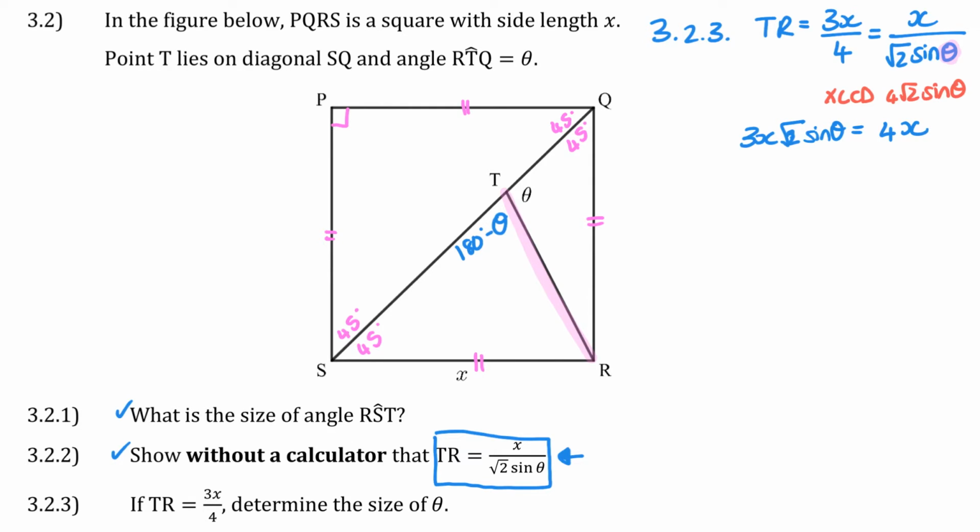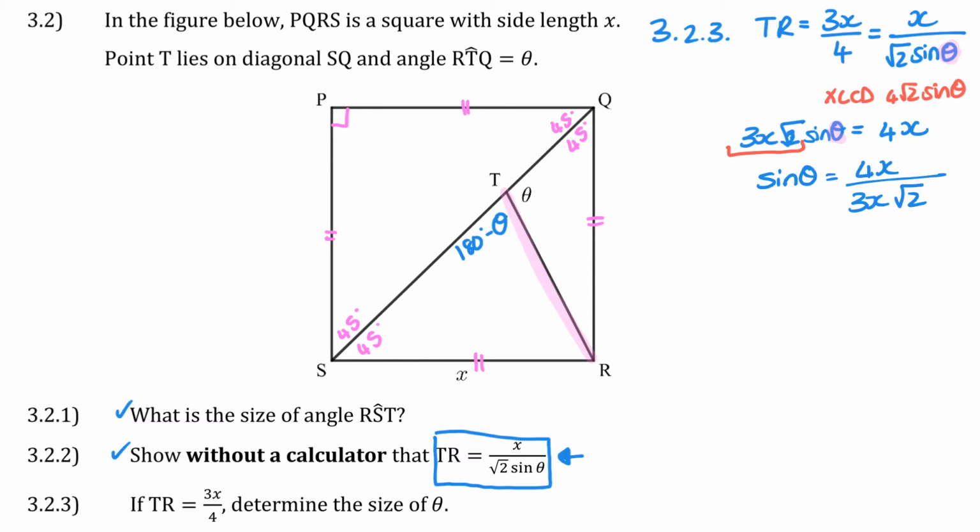Now remember again what I'm trying to solve for. I'm trying to isolate theta. And the way I'm going to do that is by isolating sine theta. So I'll need to divide both sides by the coefficient of that. So I'm going to get sine of theta is equal to 4x out of 3x times root 2.